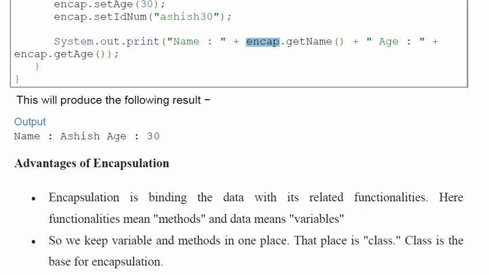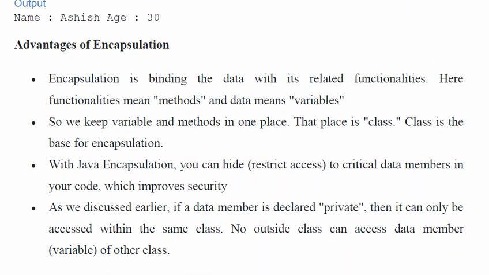After that, look at the advantages of encapsulation. As we know, encapsulation is binding the data with its related functionalities. Functionality means methods, and data means variables, so all units are bound in a single unit. With encapsulation we put our variables and methods in one place, and that place is known as a class.